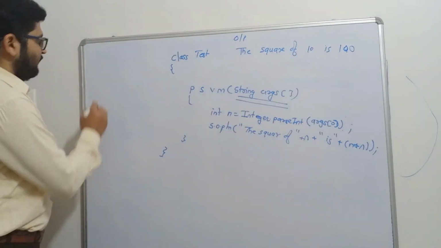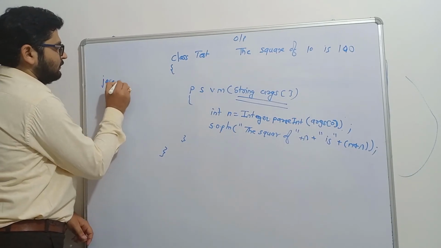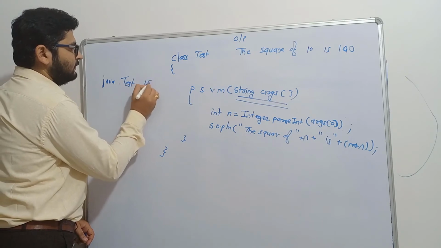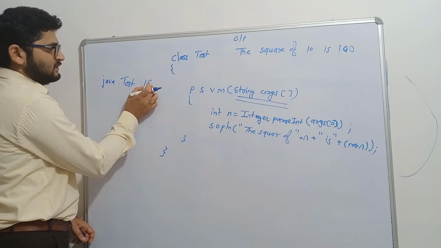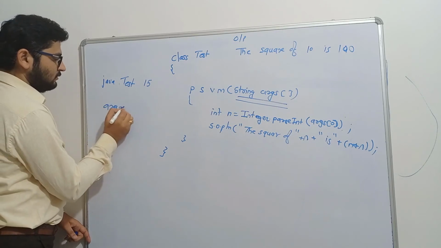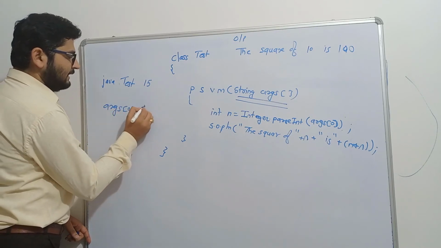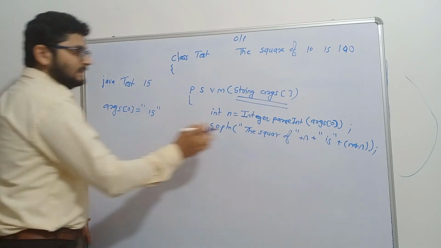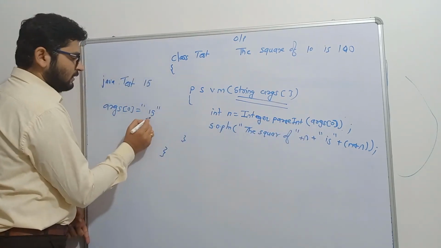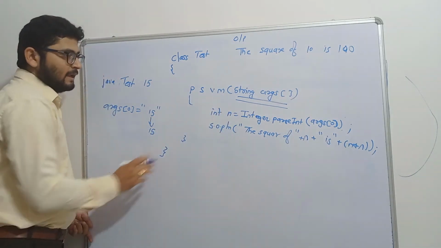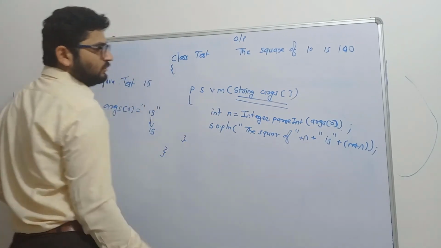So when you give java test 15, it will be passed as a string to args 0. So args will contain 15 as a string, and Integer.parseInt is going to convert it to the number 15, and this 15 will be given to n, and the square of 15, that is 225, will be found.